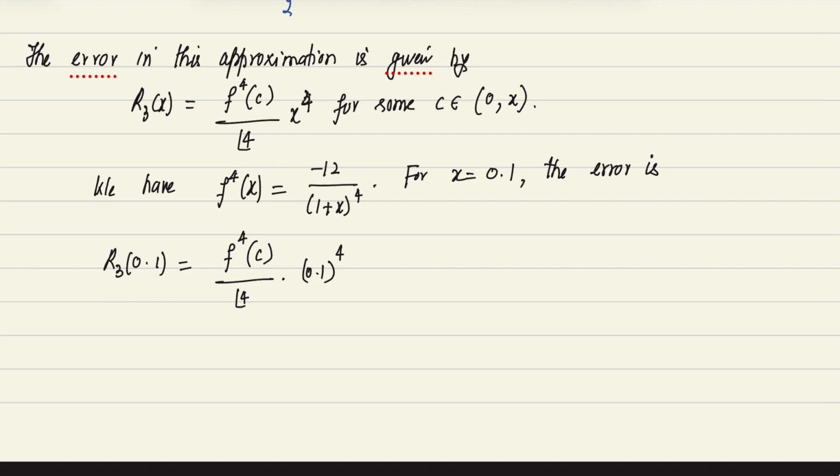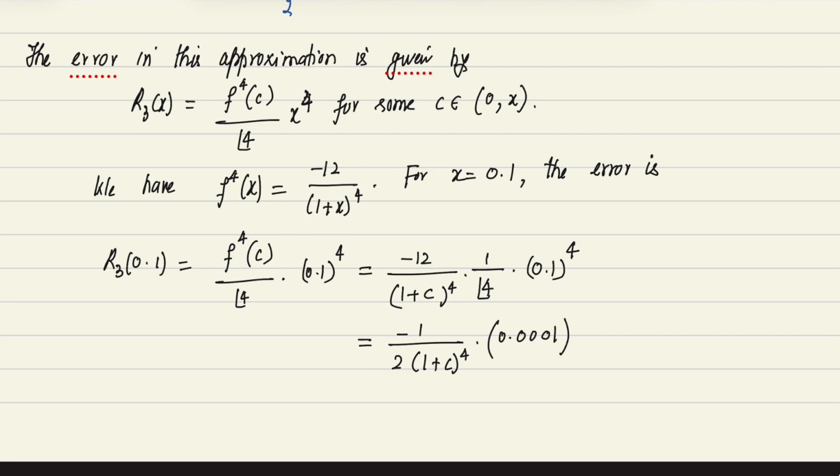So this is equal to minus 12 divided by 1 plus c power 4, divided by 4 factorial, into 0.1 power 4. Now after calculations, 4 factorial is equal to 24, so 12 by 24 is 1 by 2, so this will be equal to minus 1 divided by 2 into 1 plus c power 4, into 0.1 power 4.